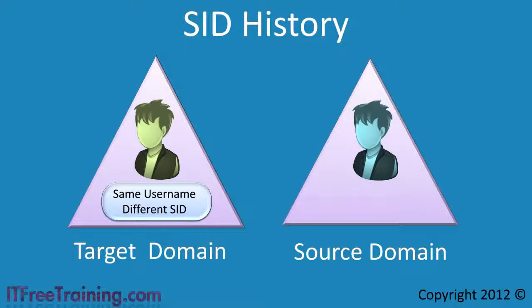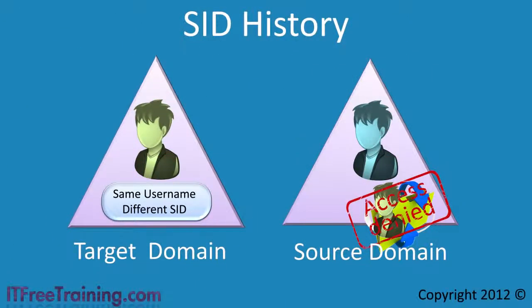What this means is that the new user in the target domain will not be able to access any resources in the old domain. As shown here, the new user in the target domain will not be able to access a file share in the old domain. This is because the file share permissions were set using the SID from the old user account.